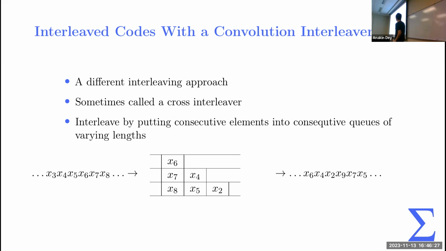If we start at 6, 7, 8, and some items have already been sent into the queues: 6 goes into the first queue, which has length 1, so 6 ends up in the output. 7 goes to the second queue, which has length 2, so 7 has to wait, because 4 got to the queue before 7, so 4 ends right after 6 in our output.